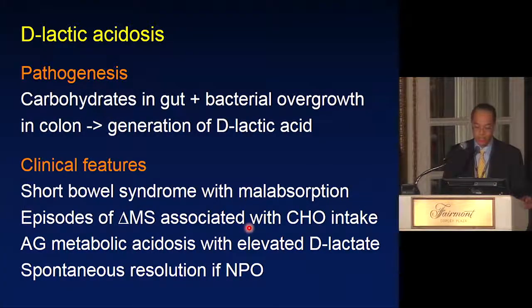If you sent it for D-lactate, or even sent a urine for D-lactate, it would be positive. Because this requires carbohydrate intake, if you bring them in and make them NPO and give them just IV fluids, this actually resolves spontaneously. So not the scourge of the modern world, but something that can be perplexing if you're not aware of it.